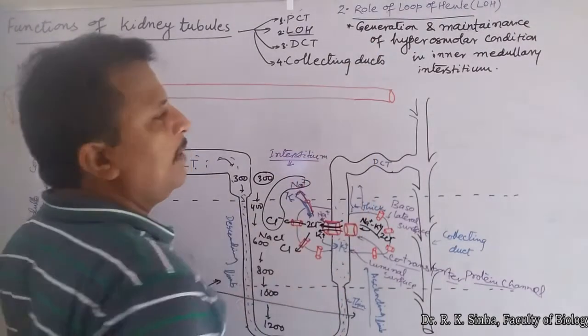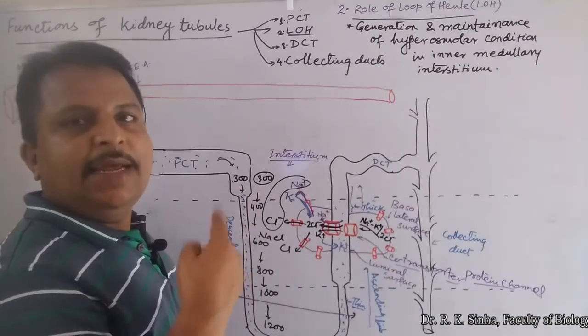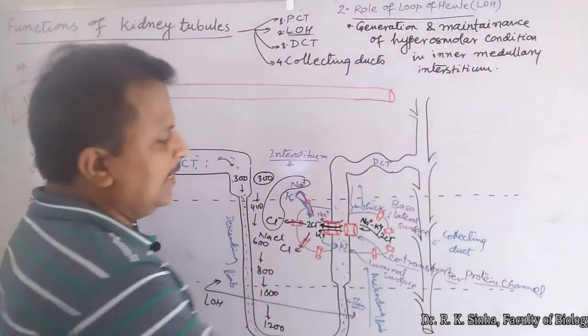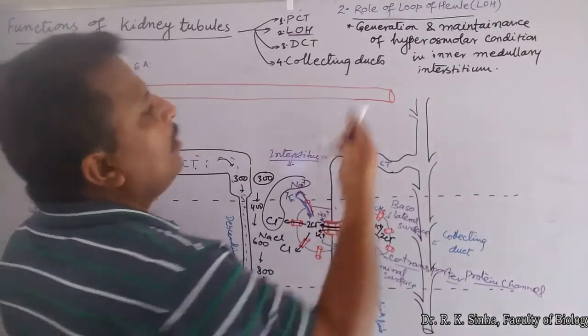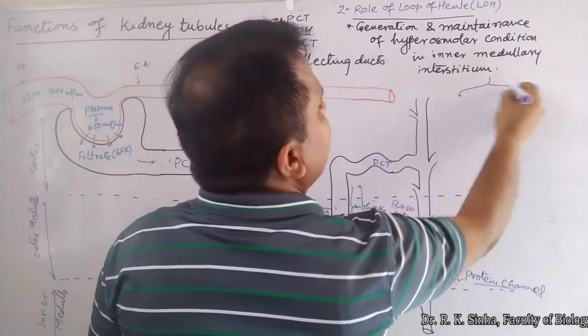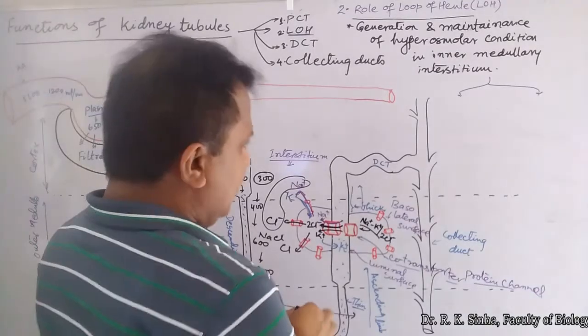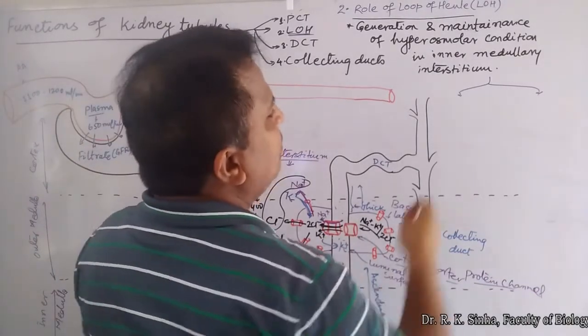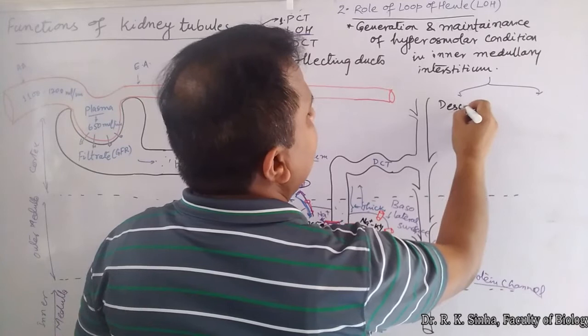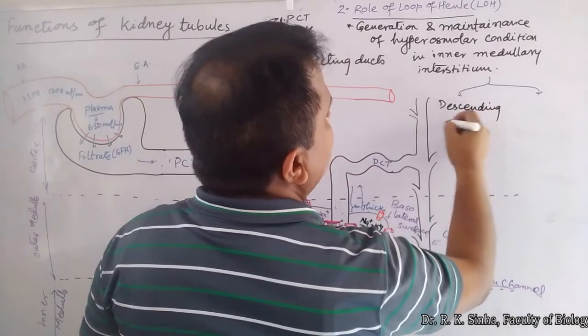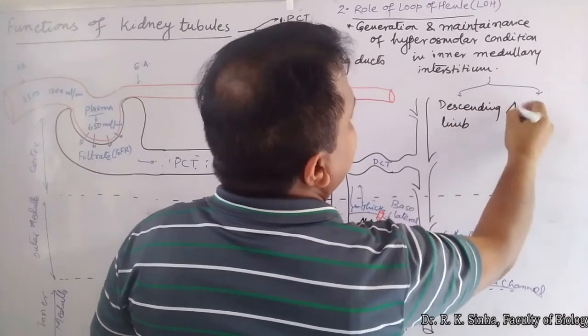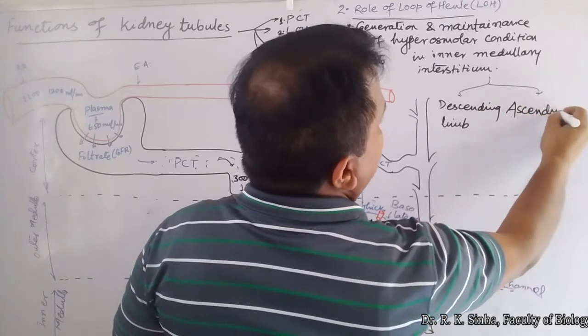So the loop of Henle has two parts. First is the descending limb, and second is the ascending limb.